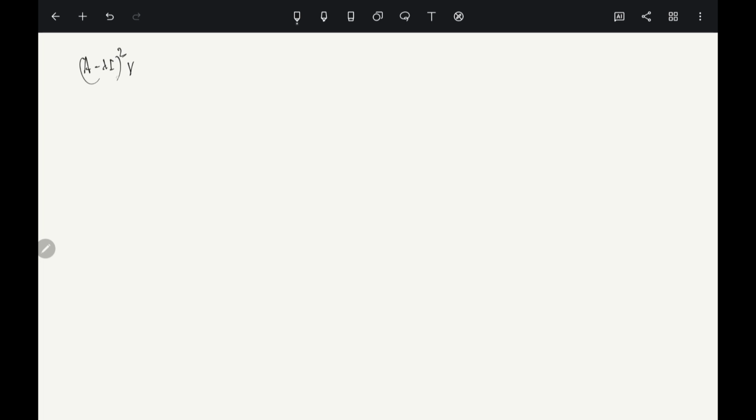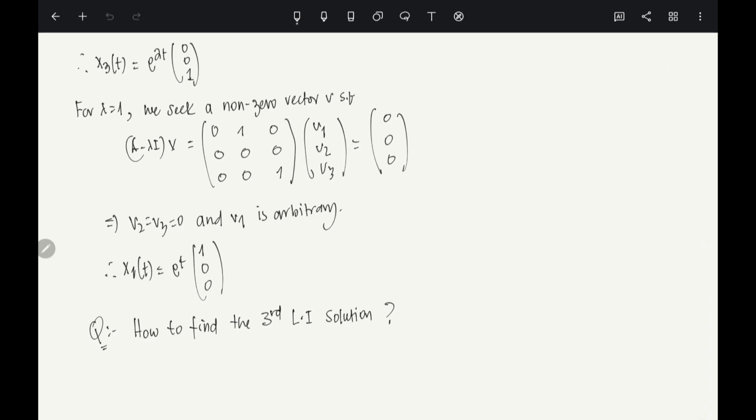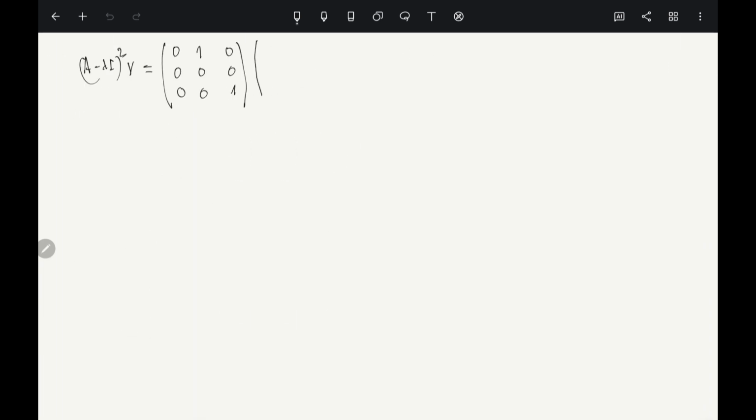So basically, we do not look at (A minus lambda I) times v anymore. We look at (A minus lambda I) squared v. If you calculate it, it becomes the matrix 0 1 0, 0 0 0, 0 0 1. This is A minus lambda I. Times 0 1 0, 0 0 0, 0 0 1 times v, which you calculate.